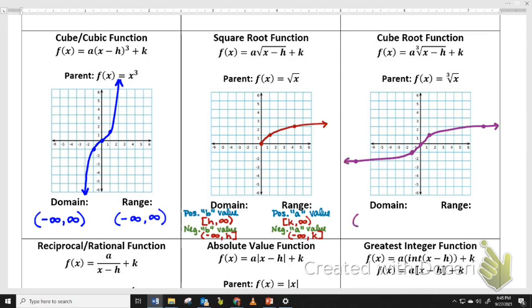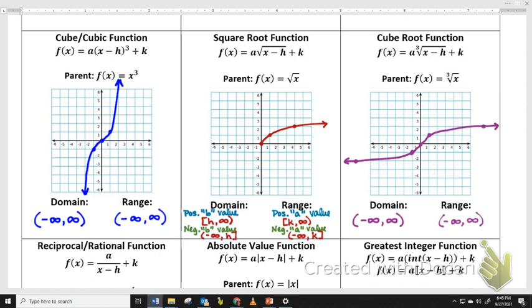It continues to the left and the right forever, so my domain is -infinity to +infinity. And my range, this continues ever so slightly in the negative and positive directions vertically as well. So my range is once again all real numbers, -infinity to +infinity.